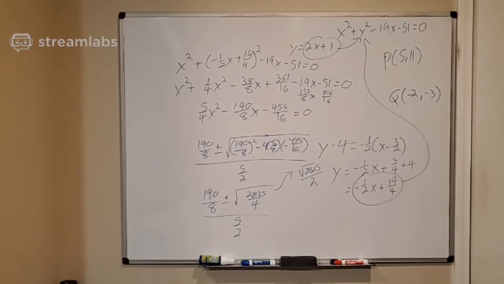Question B, find the coordinates of C. Do we have any ideas how to do that? Because that's not as evident as part A. So how are we going to find the coordinates of C?